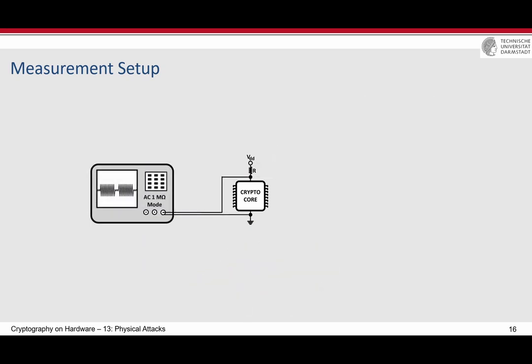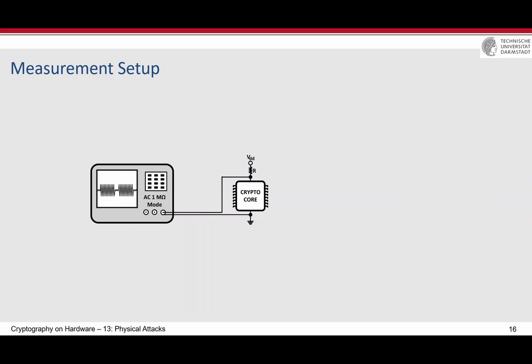Or what you can do, you can take the voltage over the cryptographic core, not here, but then one side is the ground, and you can connect it here. But if you have studied only computer science, you may not have seen an oscilloscope in your life. If you have, there are different modes of coupling. There is AC mode.